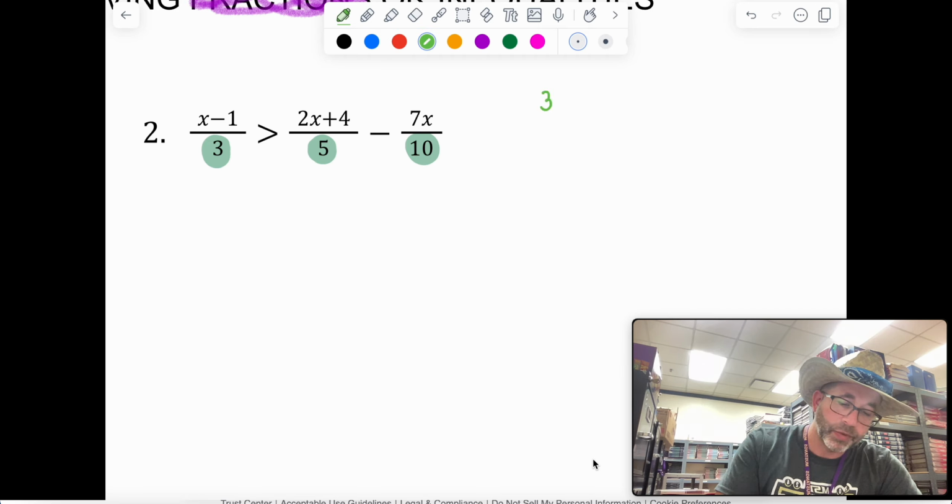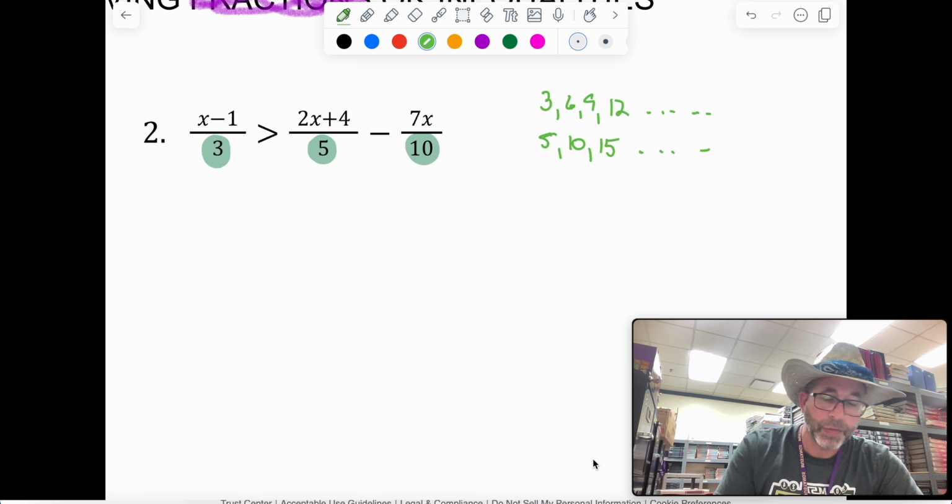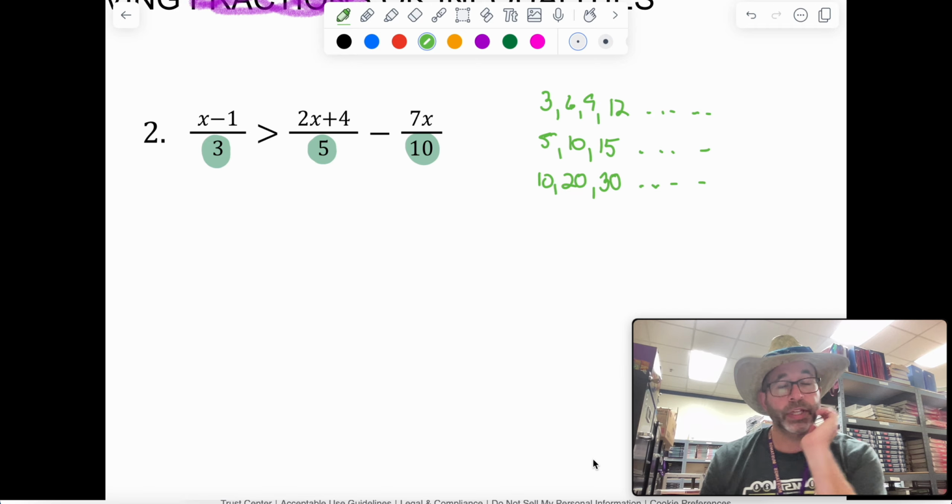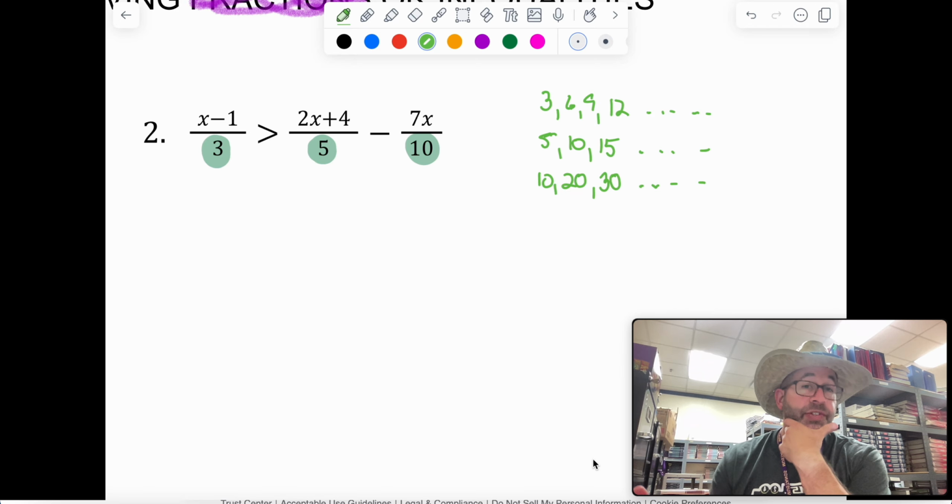If we look at 3, we've got 3, 6, 9, 12, keep going. And then 5, 10, 15, keep going. These are the multiples of these numbers. And then 10, 20, 30, and keep going. The first one we actually run into where they're in common is 30.